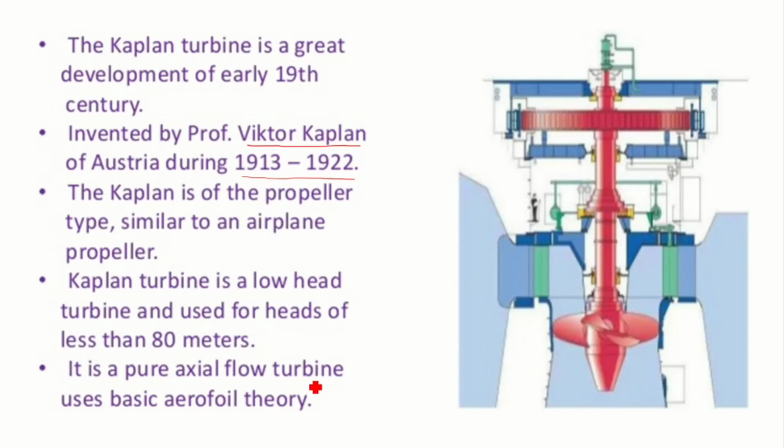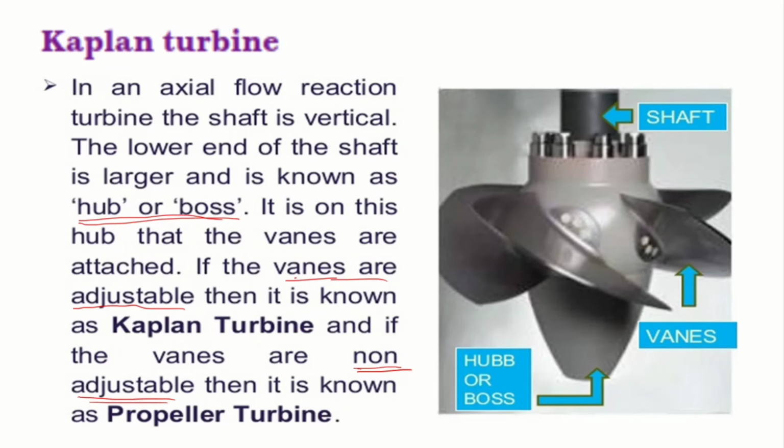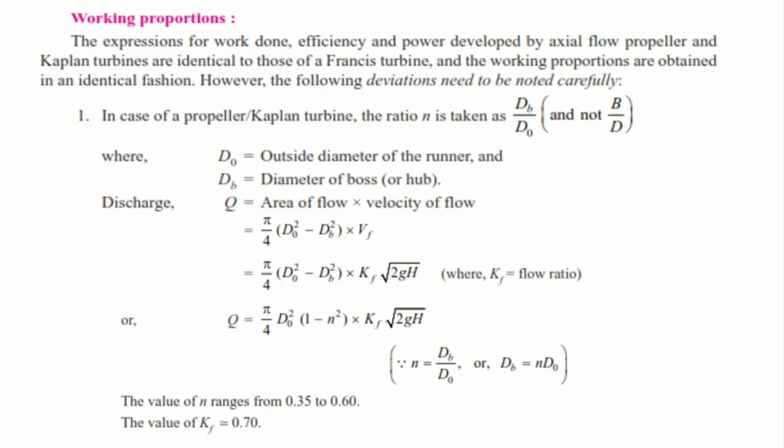It is a pure axial flow turbine. It uses basic aerofoil theory. Aerofoil theory means the shape of the wings of an aeroplane is known as the aerofoil shape. This shape is copied in the vanes of this turbine, so the turbine blade shape is an aerofoil shape.